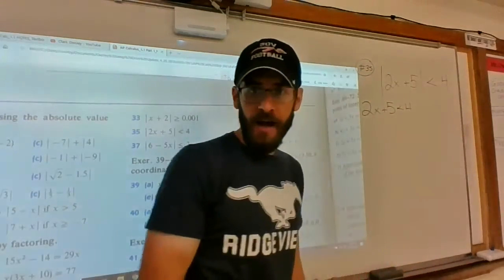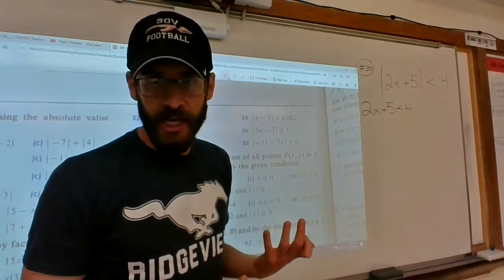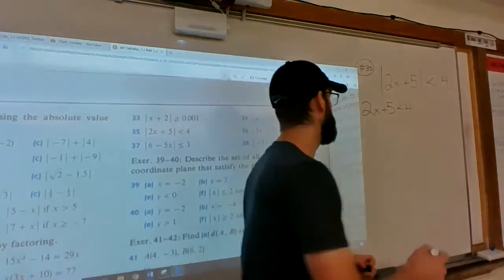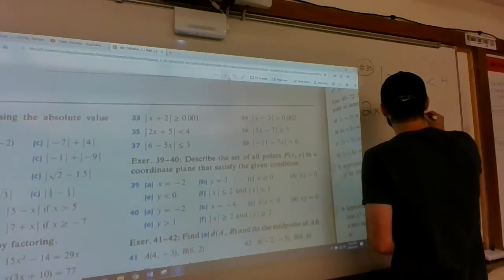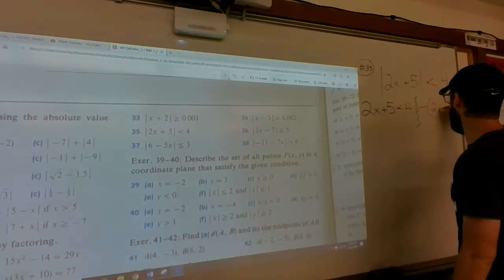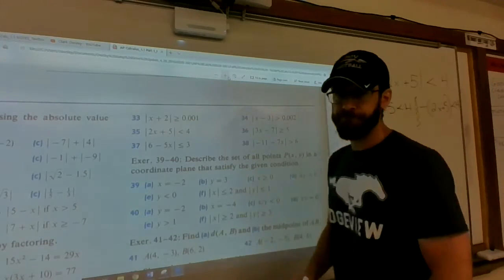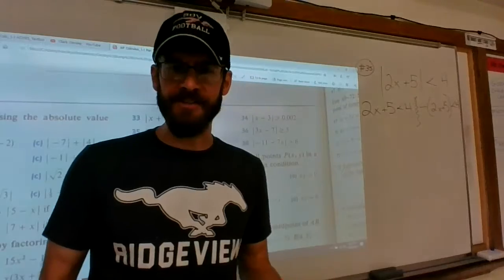So we're solving the positive version of that inequality, where that basically means the inside is unchanged. And then we solve the negative version of that. Hopefully that makes sense.